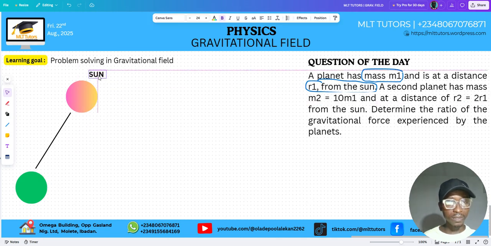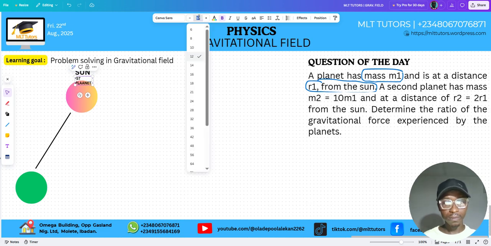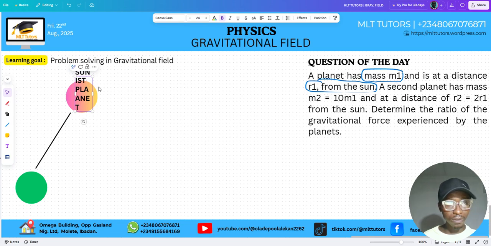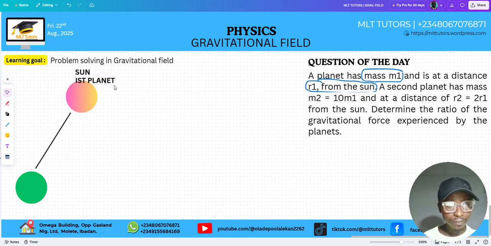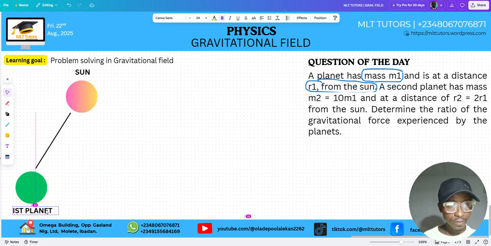So here is our Sun. Then we have the first planet. Let's name that first planet. Awesome. So here's our first planet.